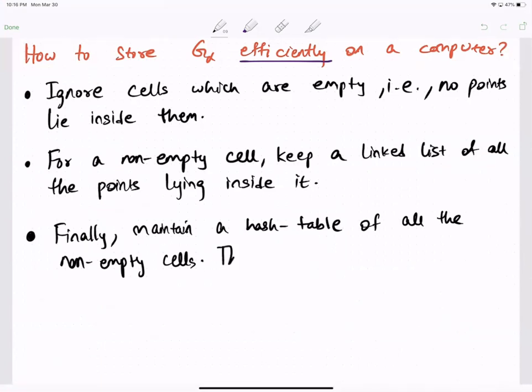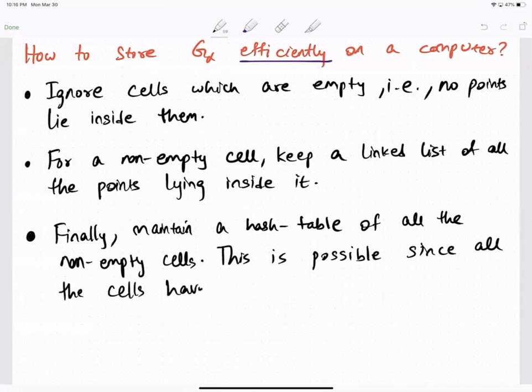Let me write down, this is possible since all the cells have a unique ID. And at this point of time, I should make clear one assumption.